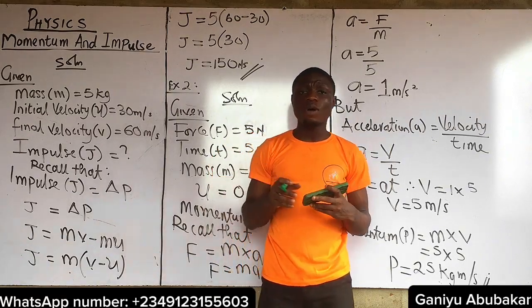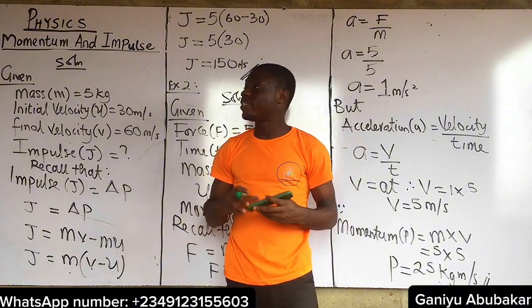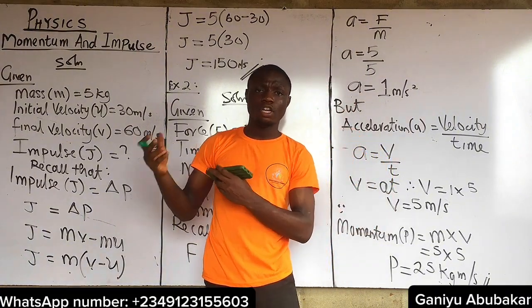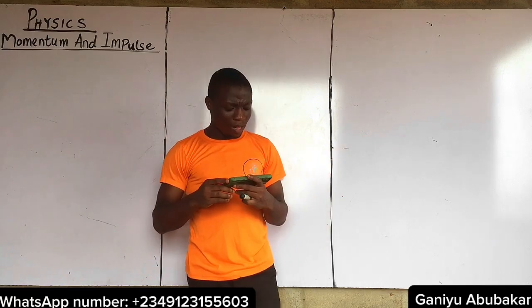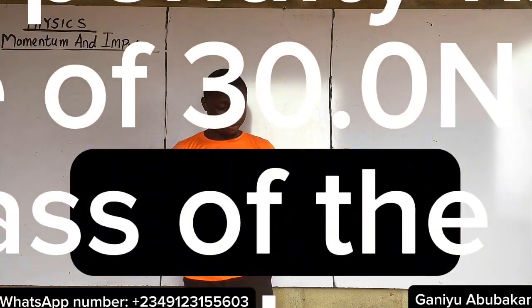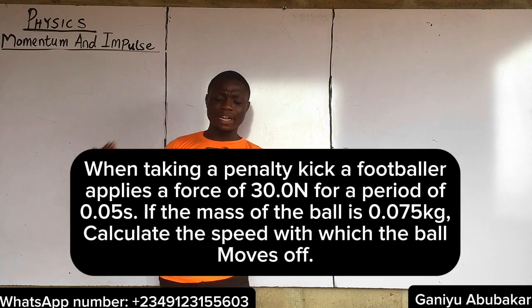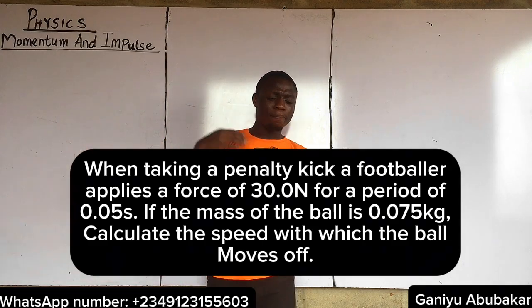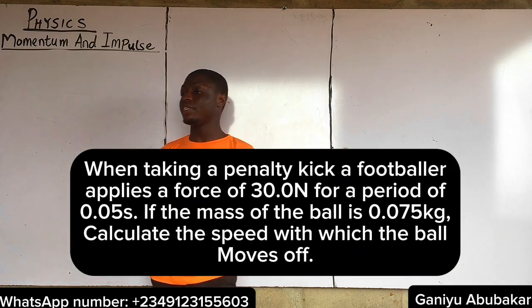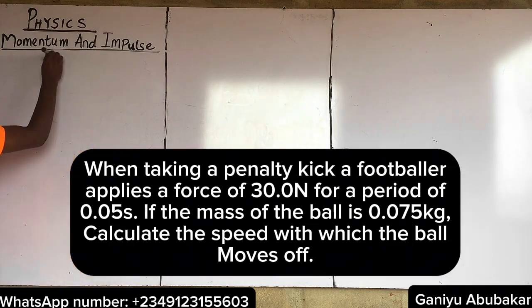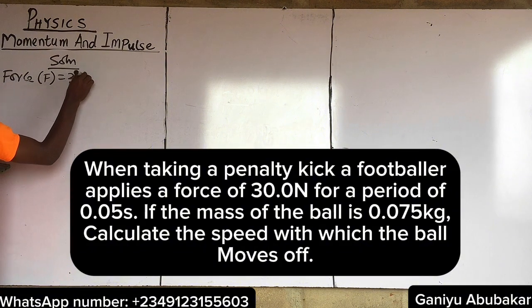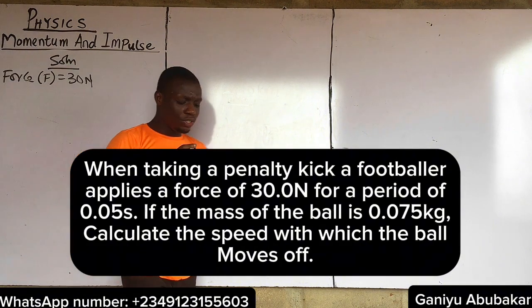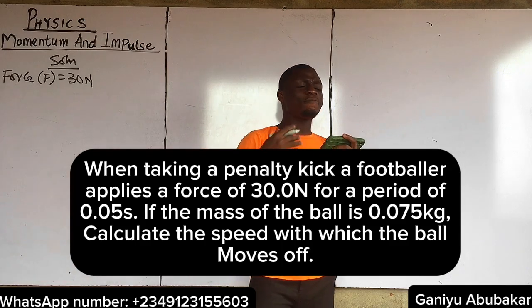All right, let's take one more example and end this concept of momentum and impulse. Welcome back. One final example. Example 3. When taking a penalty kick, a footballer applies a force of 30 Newton. So solution, I'm given force, that's F, 30 Newton, for a period of 0.05 seconds.